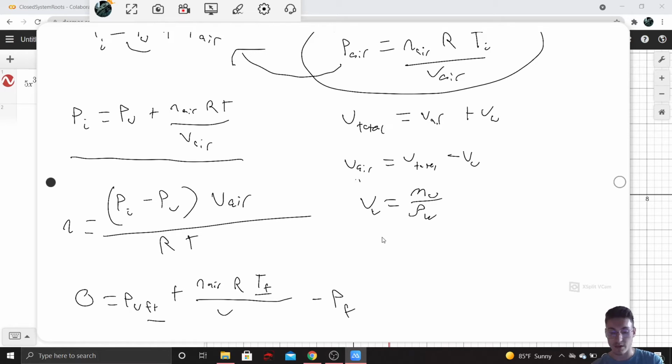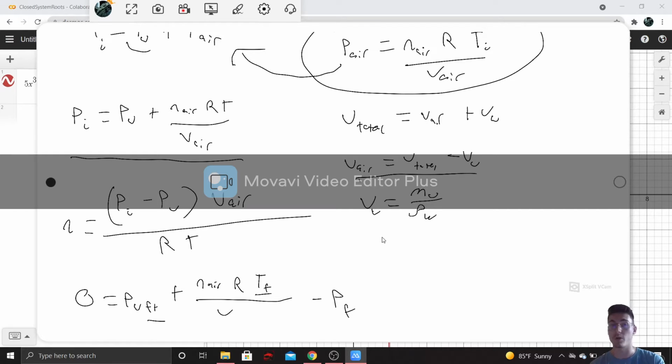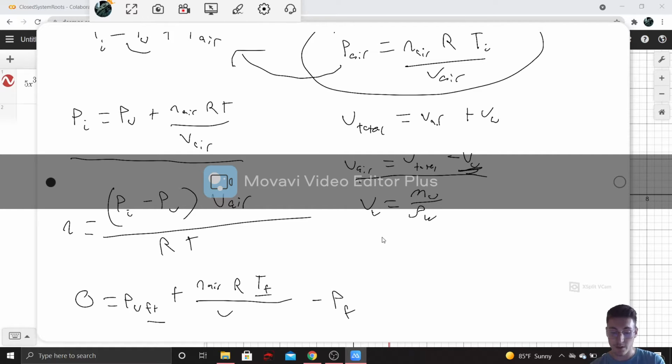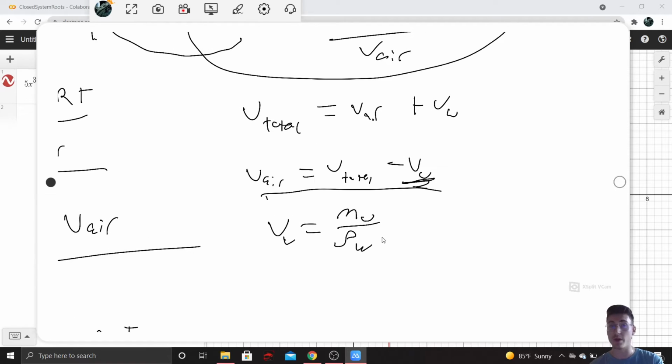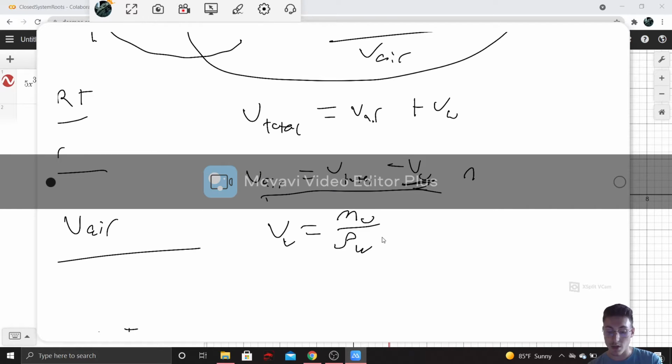So right here, for our total volume of air, instead of subtracting the volume of water, because some of the water molecules are going to be in the air now, this value is going to change. Since we want 0.3 moles of water vapor in the air at the very end, we can say we want the number of moles of water vapor, NVW.